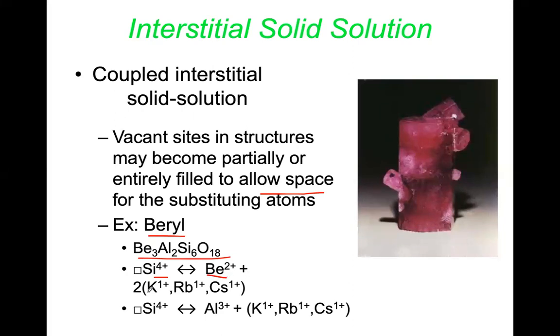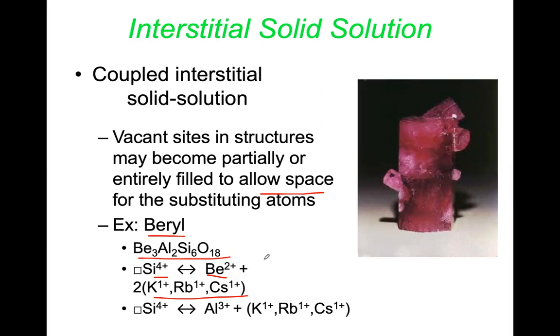So it can make some solid solution with one of these cations, usually potassium, rubidium, or cesium, or multiples of them, right?